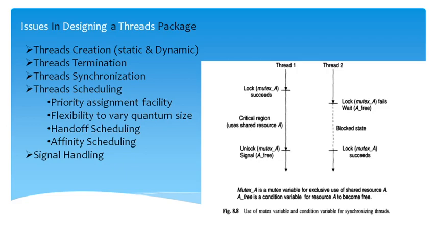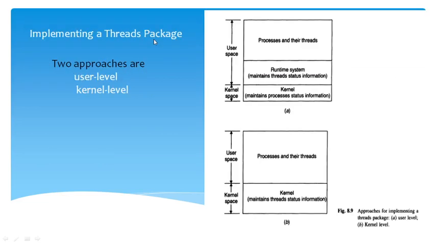So these two main issues are associated with handling these signals, and these can be handled using threads. So we have to create, set and read these, all issues in designing a threads package.